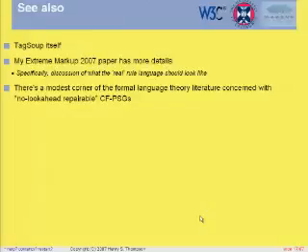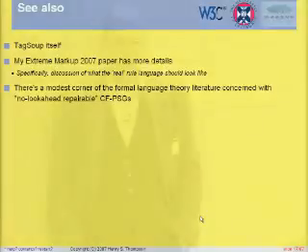And there's also a modest corner of the formal language theory literature from the 50s and 60s. It doesn't seem to be active nowadays, at least not on the basis of what I could find, concerned with classes of context-free grammars which are repairable with no or finite look-ahead.